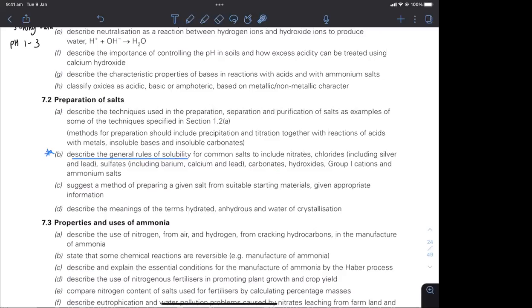What I'm going to talk about specifically is your rules on carbonates. So all carbonates are insoluble, except, now this is quite unusual, the carbonates containing Na plus, K plus, or NH4 plus. These three are going to be soluble because all the group 1 cations and ammonium salts are going to be soluble in water.